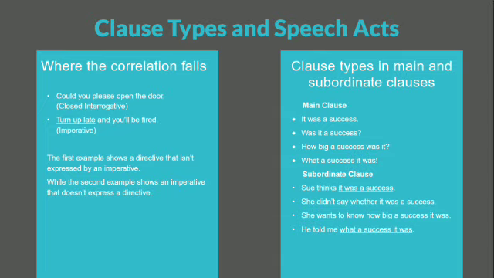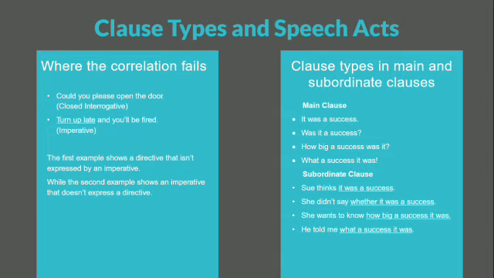And then we have clause types in main and subordinate clauses. Di sini kita diperlihatkan contoh-contoh dari main clause dan subordinate clause. Yang saya pahami di sini adalah ketika clause types dibentuk dalam subordinate clause, maka clause types tersebut akan berubah menjadi deklaratif.